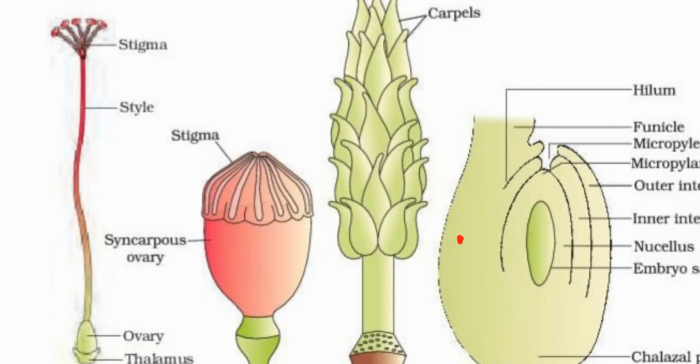A typical carpel has three parts in it. Which is the distal part of it? Stigma is its distal part. What is the role of stigma in the carpel?